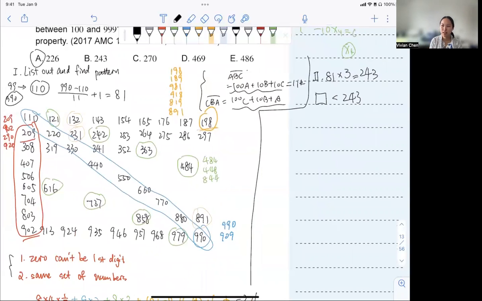It'd be a lot easier to realize that these numbers, 330 up until 990, and then 209, 308, 407 until 902, if you write this out, you will quickly see that these are the numbers that have zero. If you can think of this, then you can just subtract the extra cases for them, and you will also get the same answer, 226. So yes, the answer to this is A.